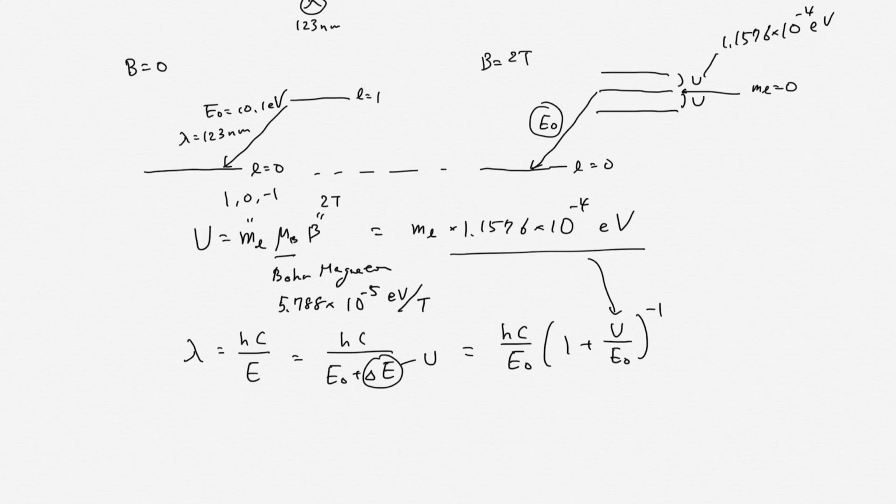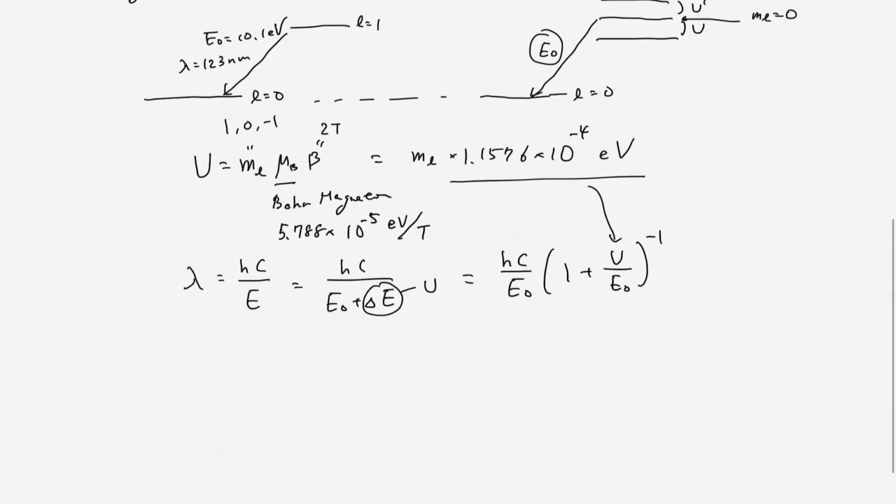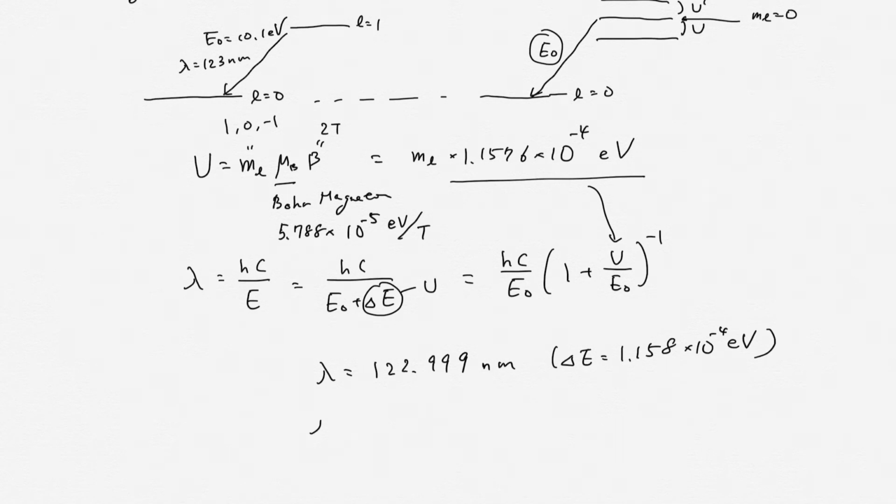Then the answer for the lambda is 122.999 nanometers. In this case, delta E is a positive quantity, 1.158 times 10 to the minus 4 electron volts.